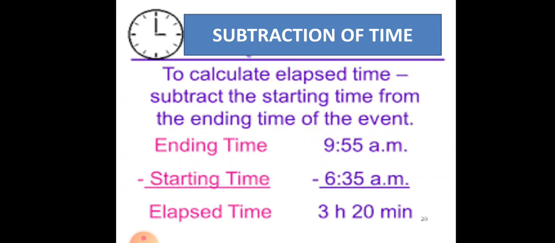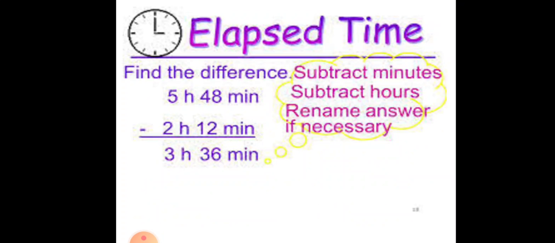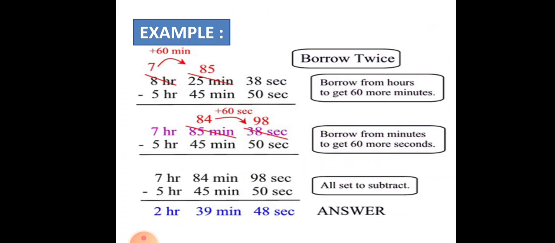So 6:35 will be subtracted from 9:55. So the answer becomes 3 hours 20 minutes. Okay, there is one more example of subtracting, you will understand more. And there are some examples given to you, which you can get by reading carefully on the screen.